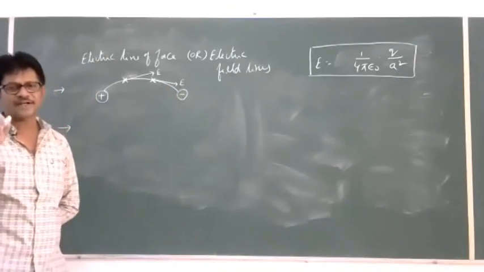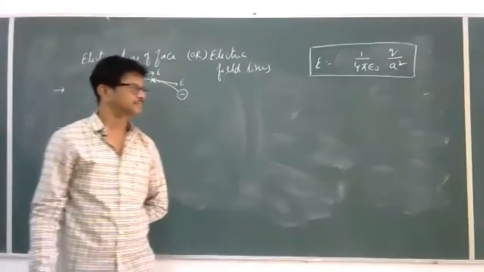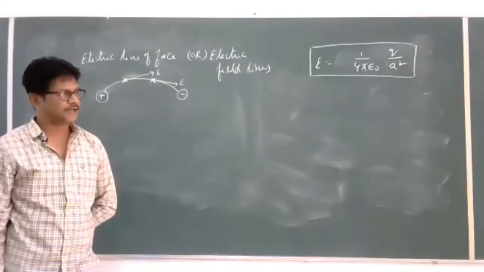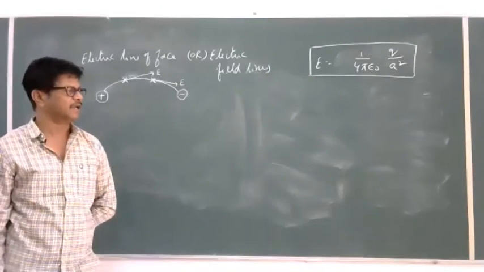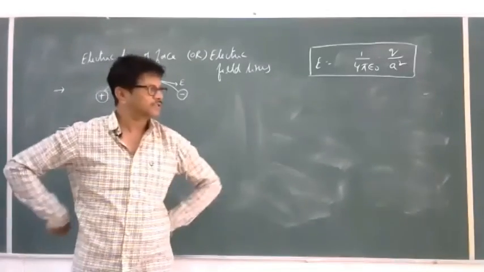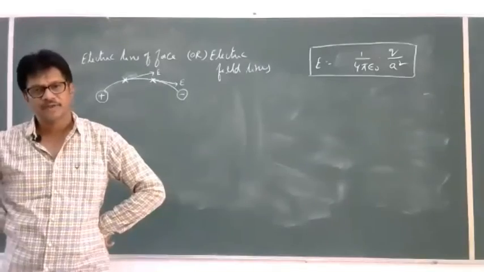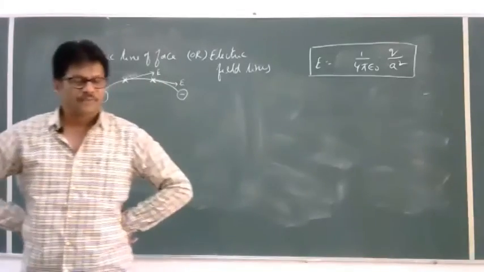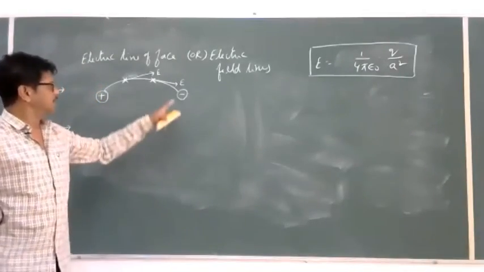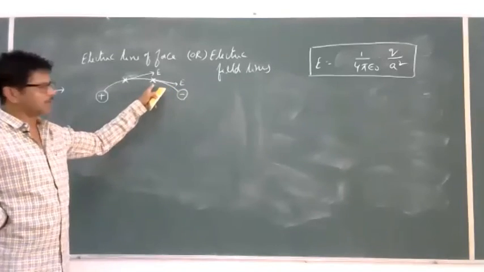The tangent drawn at any point in an electric line of force will give the direction of electric field at that particular point.